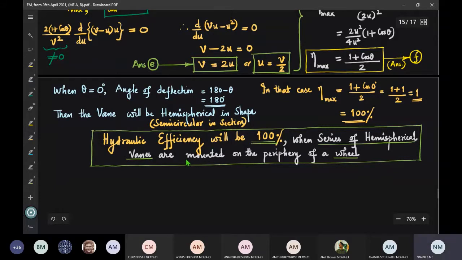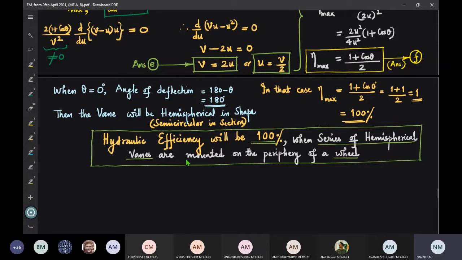So this result actually has amazing consequences. Hereafter, when we discuss the Pelton wheel, you can understand why we use hemispherical cups or hemispherical vanes in Pelton turbines.